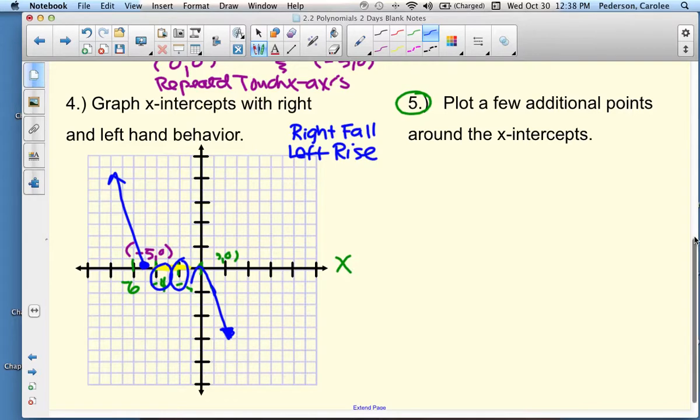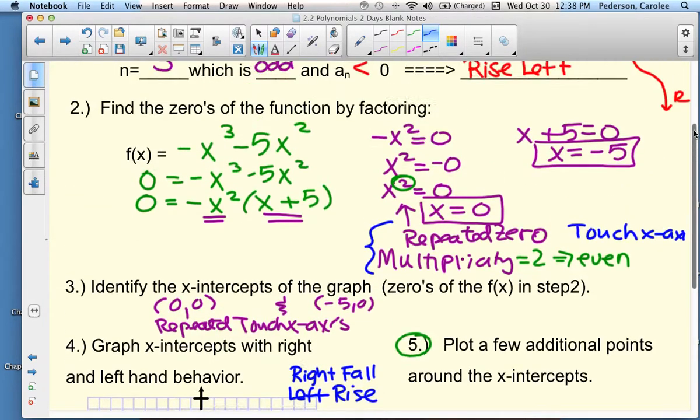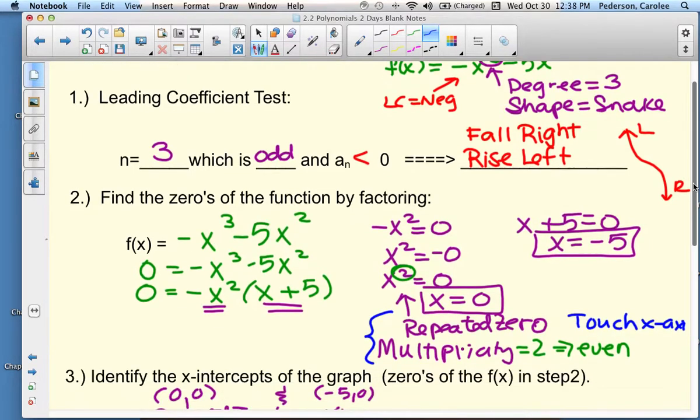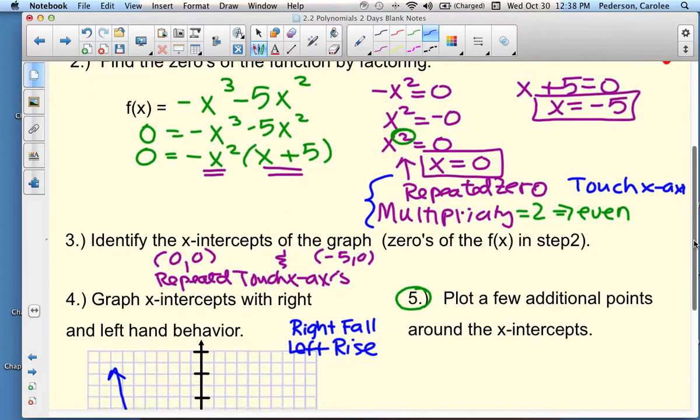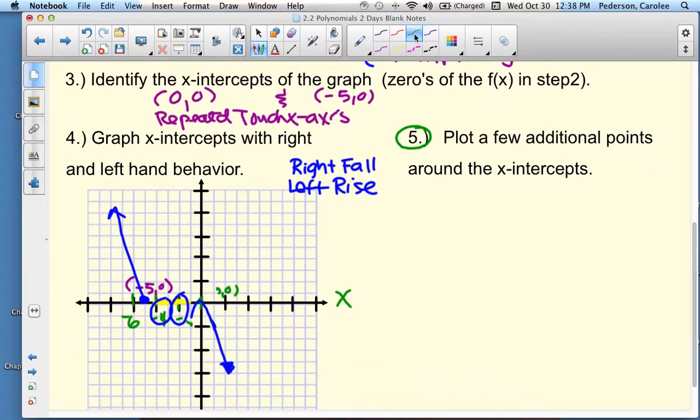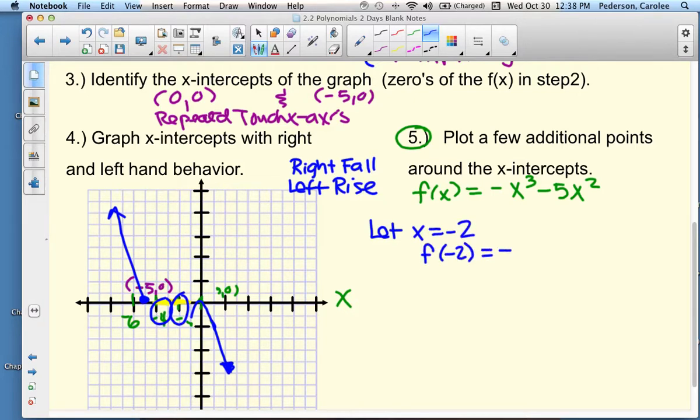So we evaluate the function. You can either plug it into the original blue one or the green one. So here's our function, f of x equals negative x cubed minus 5x squared. To find our first point, let's just let x equal negative 2. So I evaluate the function at negative 2.